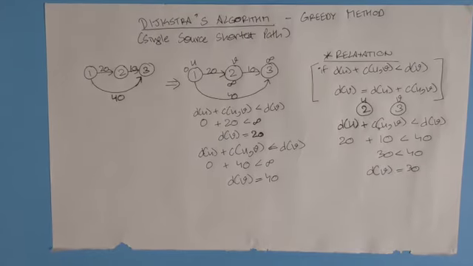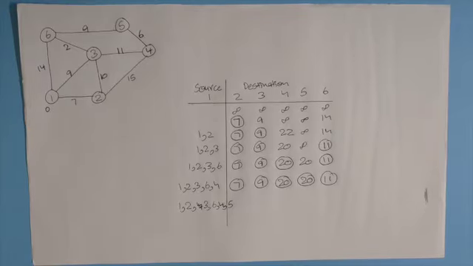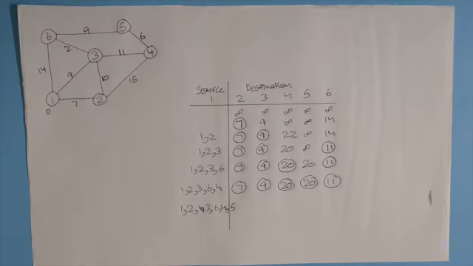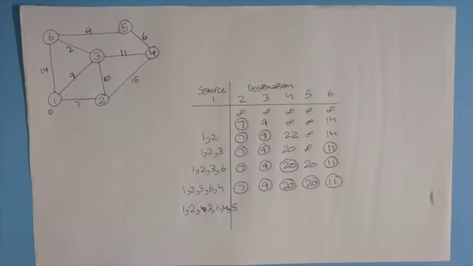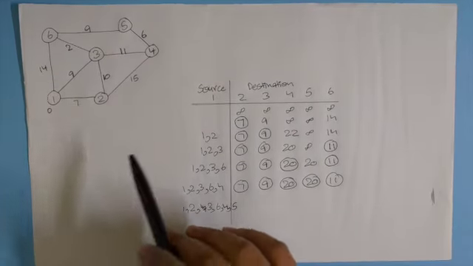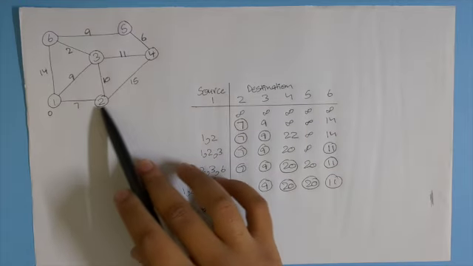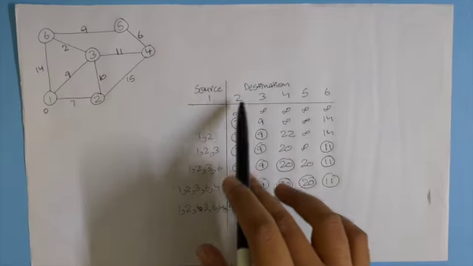Now this is a particular example of a graph that is undirected. We have to solve this using Dijkstra's algorithm. First, there are 6 nodes we have to identify, and there are so many edges with different costs. Okay, we have to differentiate between source and destination.